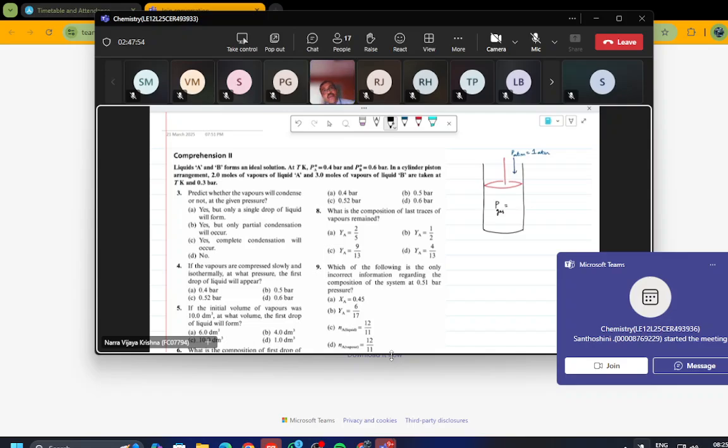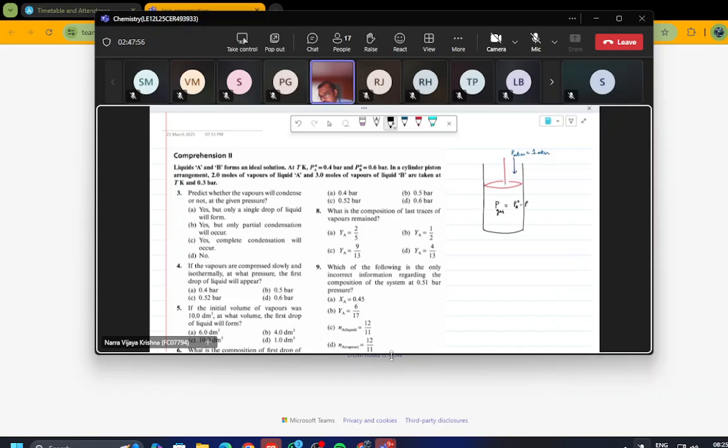PA naught minus PB naught into XA plus PB naught. What is PA naught minus PB naught? Minus 0.2 bar. So minus 0.2 bar into what is XA? They have given XA value or YA value?